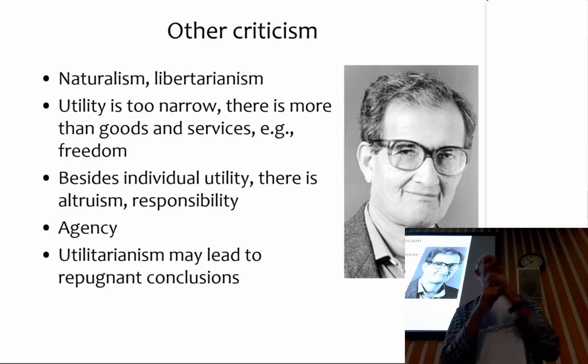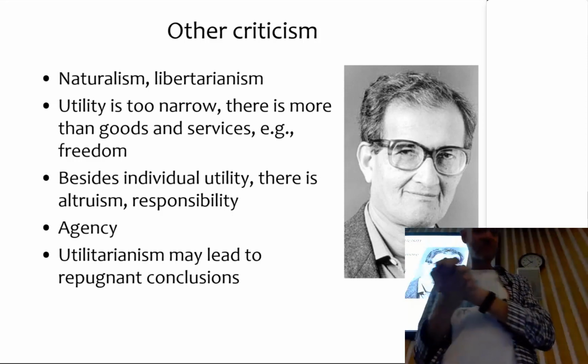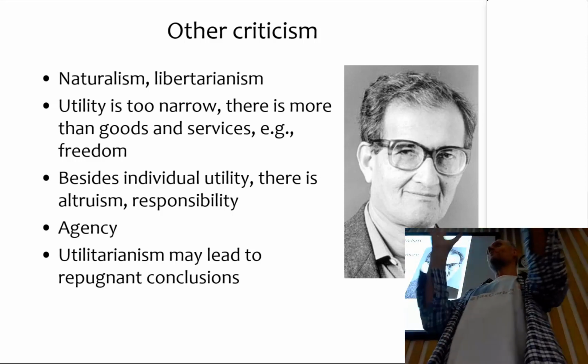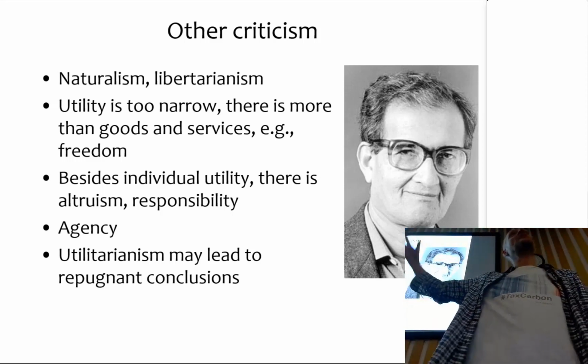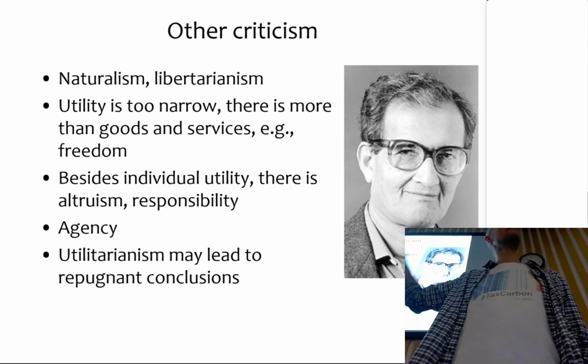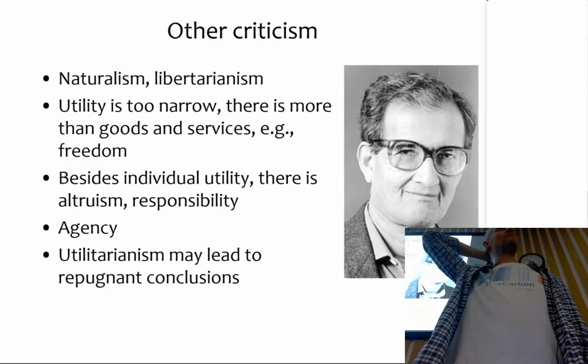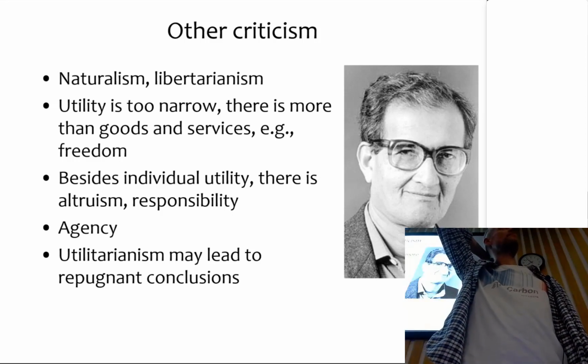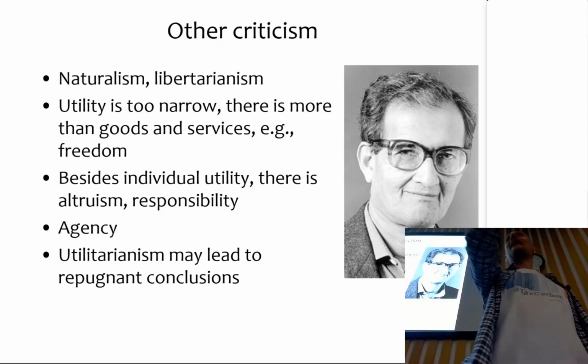Because, I mean, one way of dealing with altruism is just to say, well, my utility depends on the utility of my wife and children, right? And hopefully vice versa. But then when you start adding up those utilities, you have a problem.